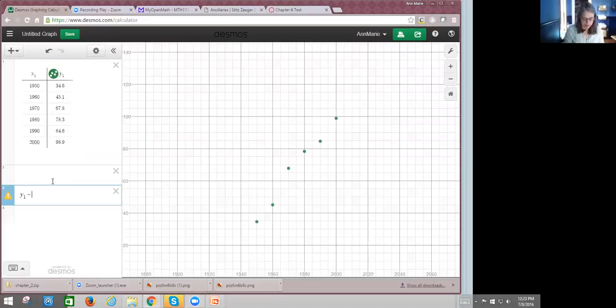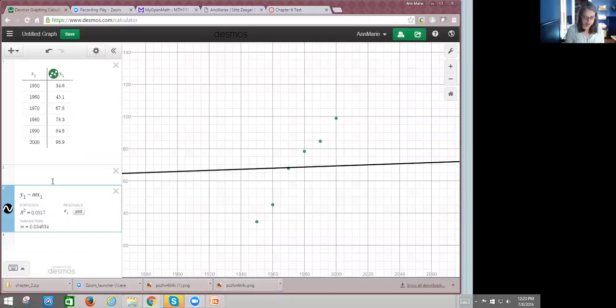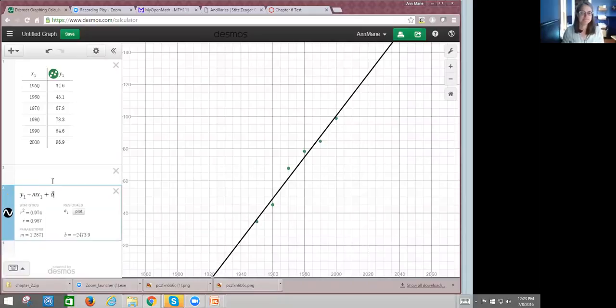And then m, that tells Desmos what we're thinking, so then we put x1 and then plus b. And Desmos gave us a line. Not only that, Desmos gave us the equation for that line.